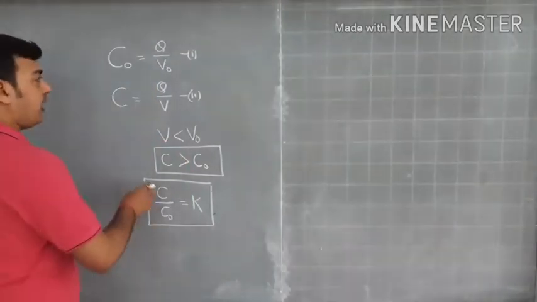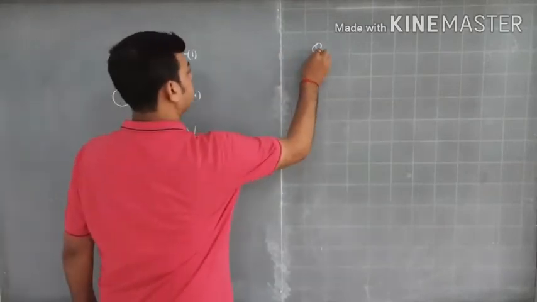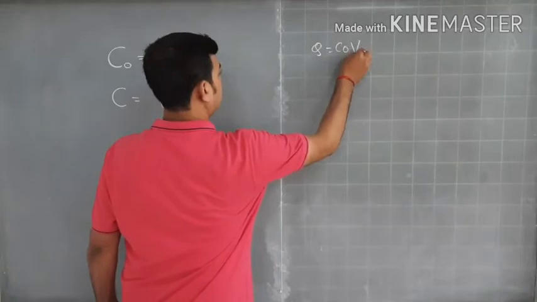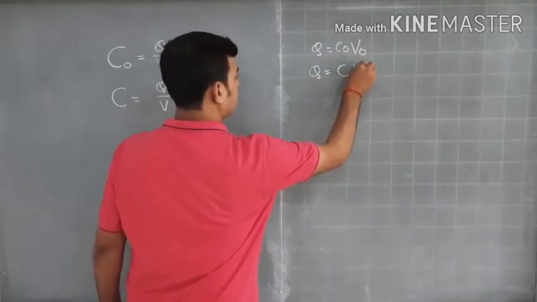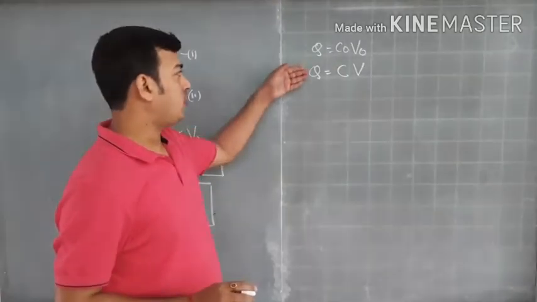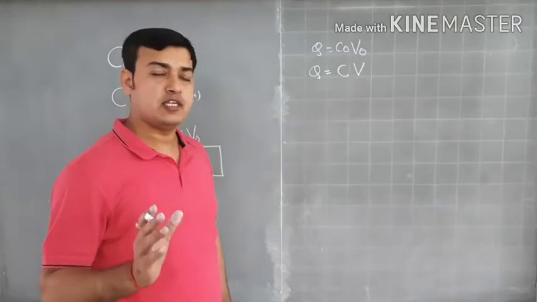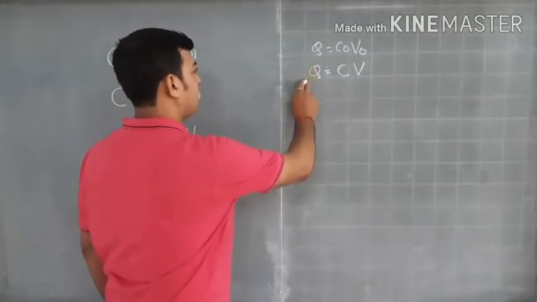In other words, we can write the charge as C0 V0, and with the dielectric the charge can be written as CV. Since the charge on both the plates is the same, because my capacitor is not connected to the battery, the charge will remain constant.